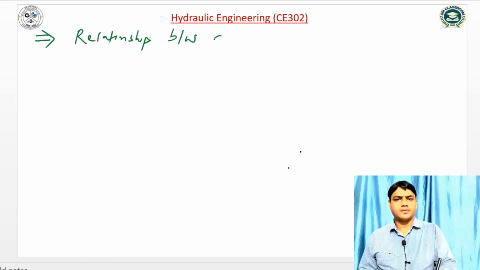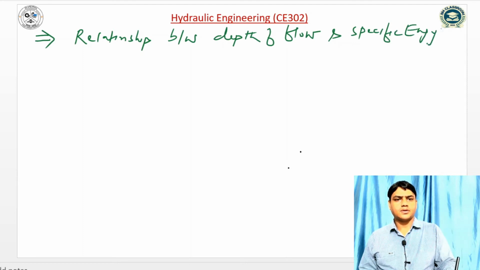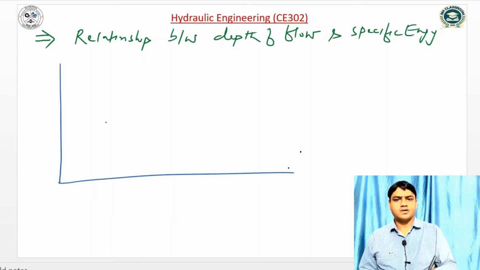Now I am going to discuss the relationship between depth of flow and specific energy. Let us assume this is our curve.